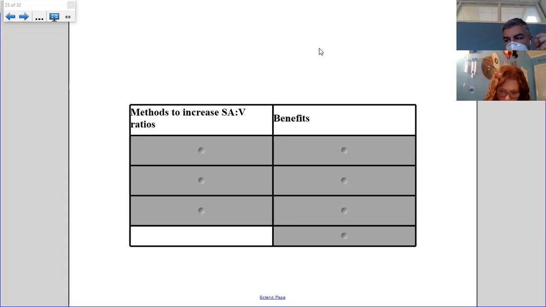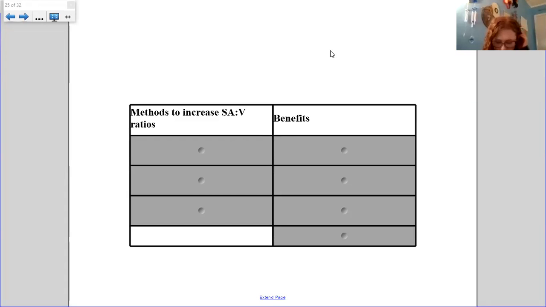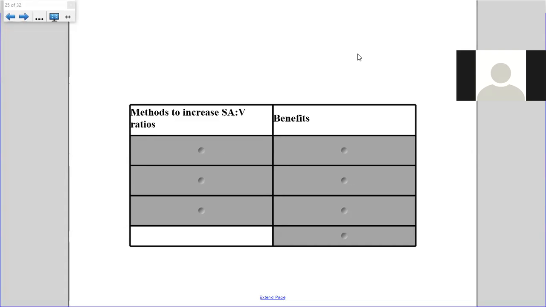There's Keaton right there. So Keaton, I understand you guys have a running list of questions about surface area to volume ratios. Wait, I thought it was just one question. Okay, well then what is the question?